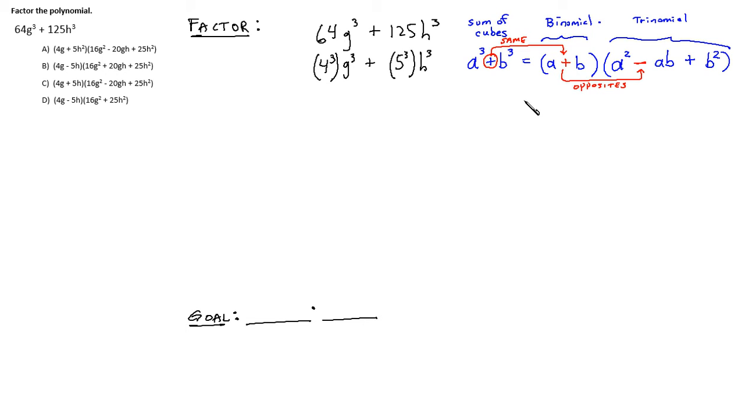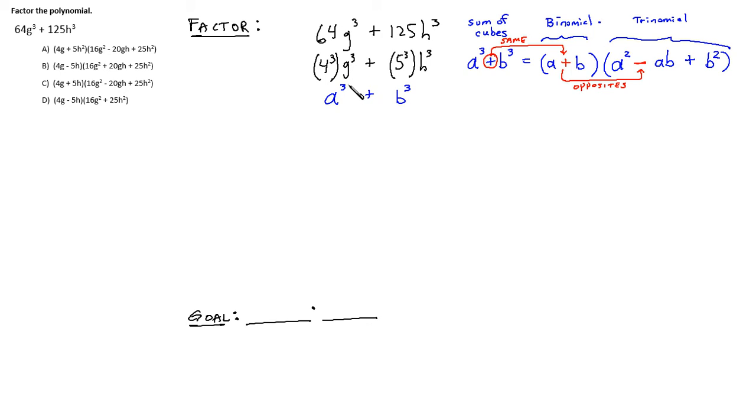So now the issue is, for our specific problem, our specific polynomial, what is our a? What are our a and b that go into the formula on the right side? Because those would be our final factors. So I put the form of any sum of cubes below what we're working on.